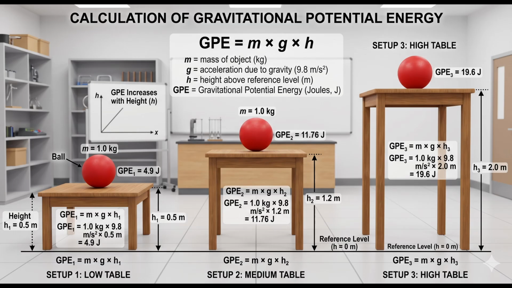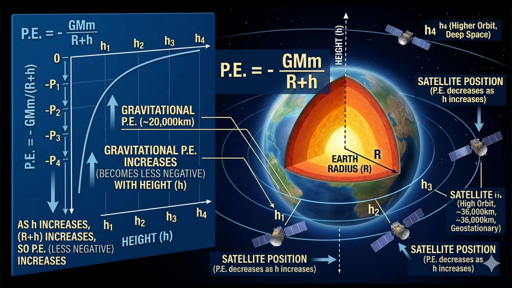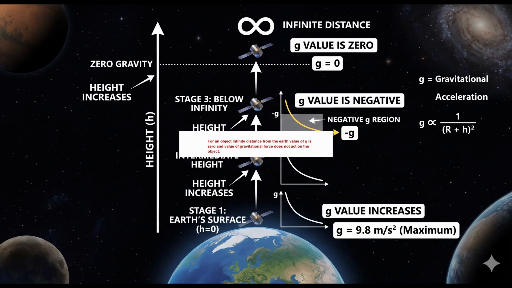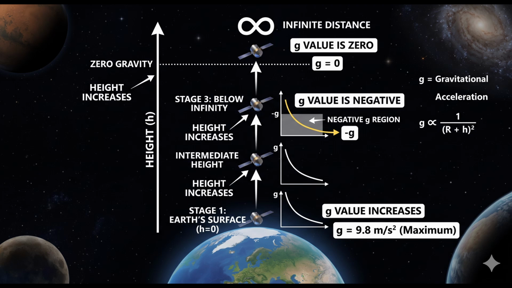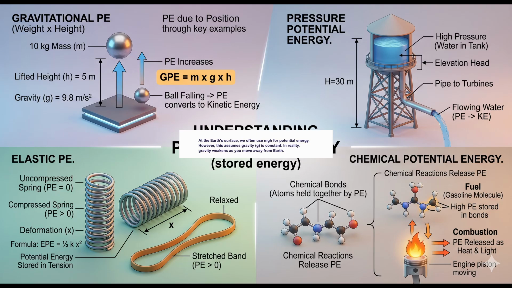But for larger values of h, the value of g decreases with the increase in height. For an object at infinite distance from the earth, the value of g is 0 and gravitational force does not act on the object. At the earth's surface, we often use mgh for potential energy.